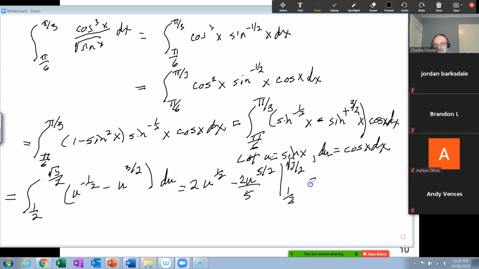Okay? Now, it's a little messy here, but doable. The u is the square root of 3/2. Well, the square root of that would be the square root of 6 over the square root of 2.